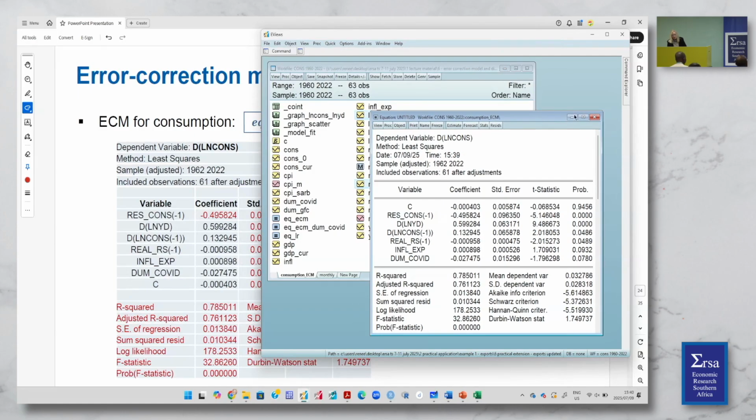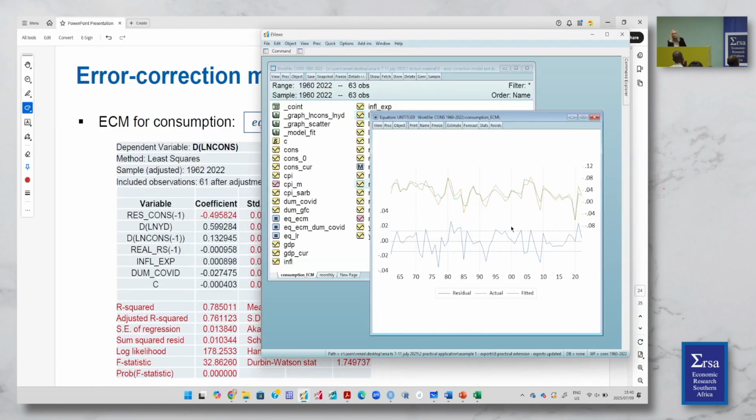And the way we're going to convert it back is by, of course, now first we have to perform diagnostic testing on this. But we can already see this residual pretty much looks like a white noise process. Whether it's normal or not, it's likely to be normal.